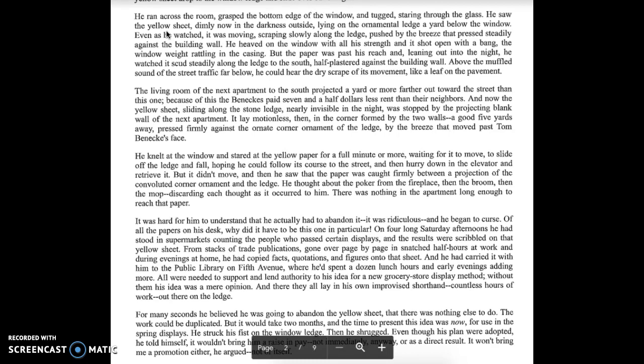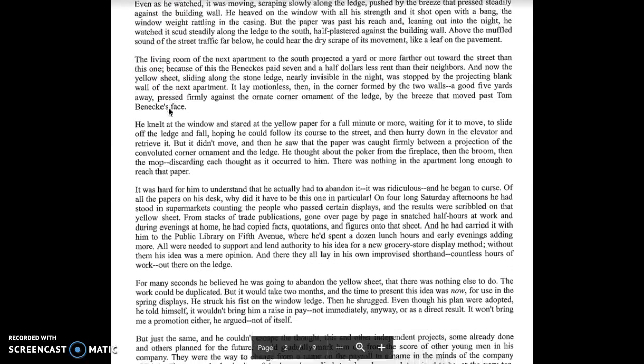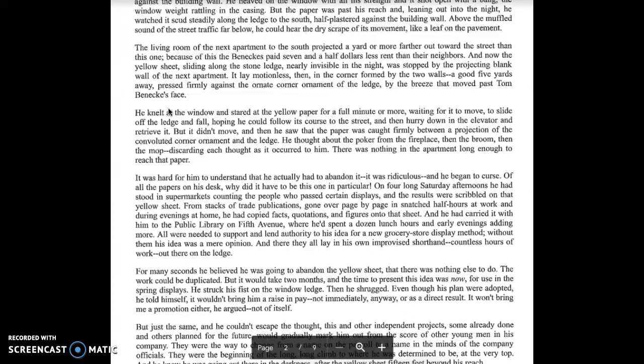Above the muffled sound of the street traffic far below, he could hear the dry scrape of its movement, like a leaf on the pavement. The living room of the next apartment to the south projected a yard or more farther out into the street than this one. Because of this, the Bennexes paid $7.50 less rent than their neighbors, and now the yellow sheet, sliding along the stone ledge, nearly invisible in the night, was stopped by the projecting blank wall of the next apartment.